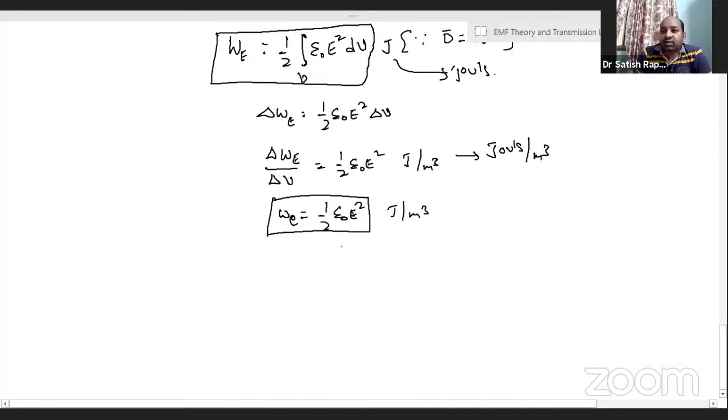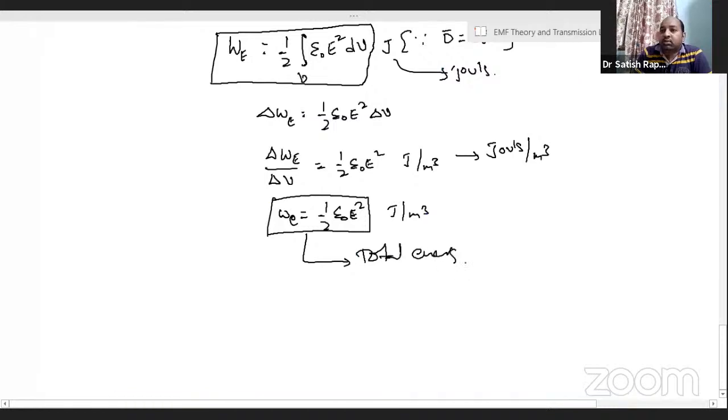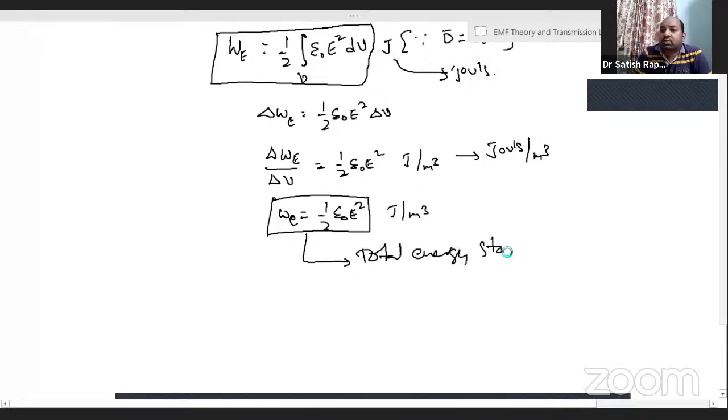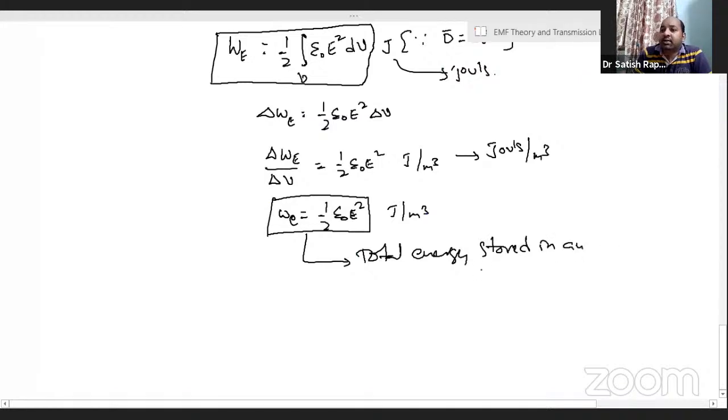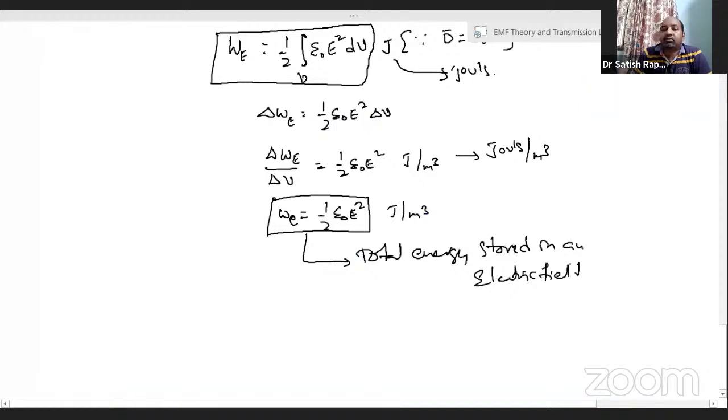So the total energy stored in an electric field is half epsilon naught E square, right? This is the energy stored in electric field.